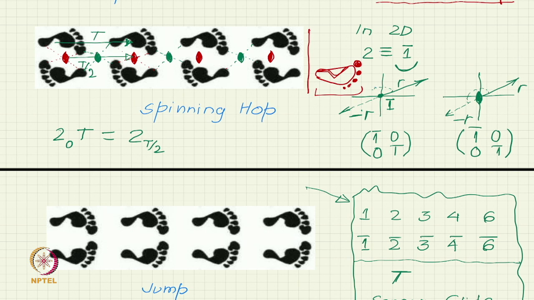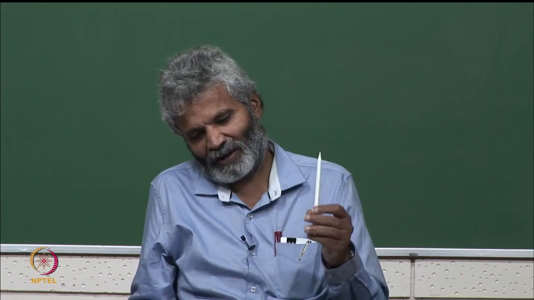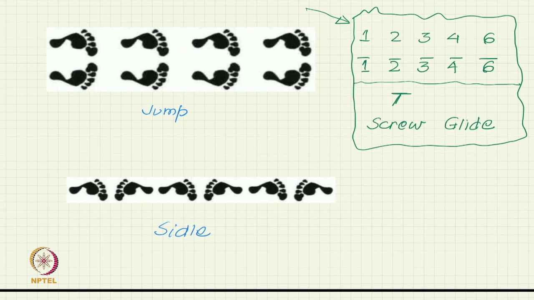In 3D one bar is not 2, in 2D one bar is 2, but in 3D one bar is two-fold rotoreflection. That turns out to be the same. Suppose you have an object here at R, inversion will take you to an object there of changed handedness.